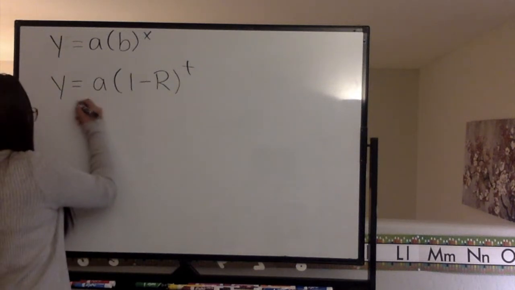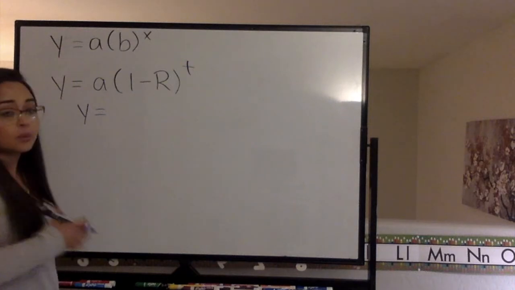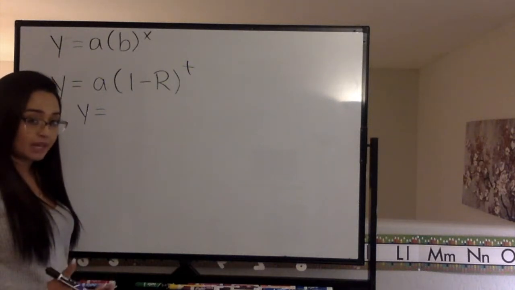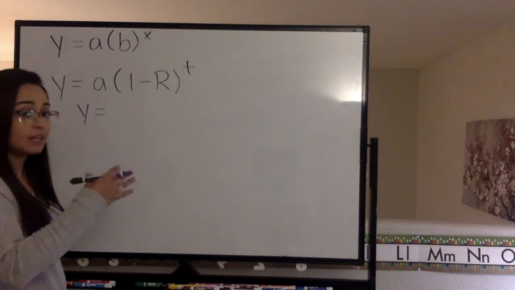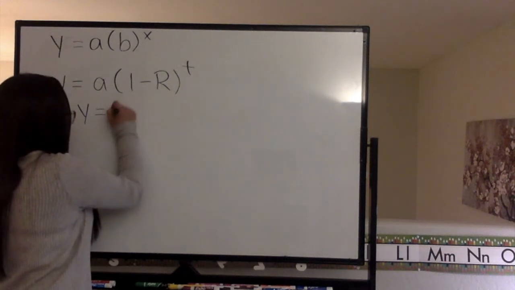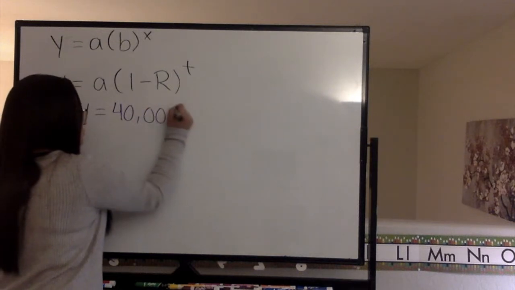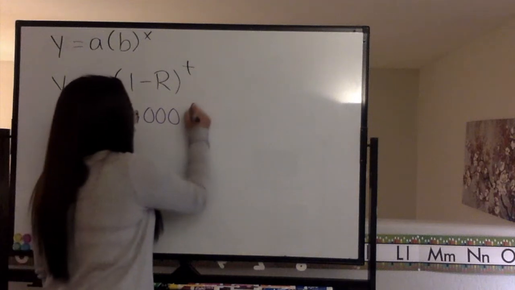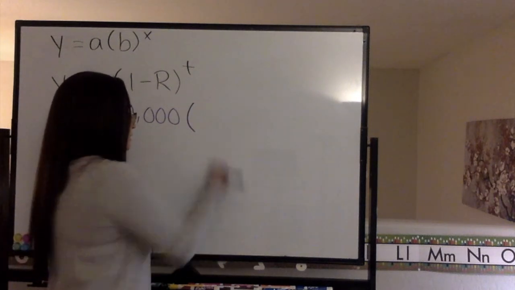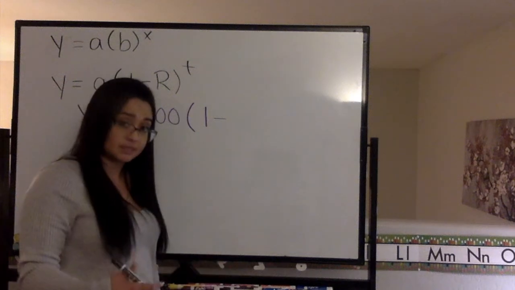So we're solving for y. We know that our car starts off at a value of $40,000. Okay? Now we're going to multiply that by 1 minus the rate, which is 7%.